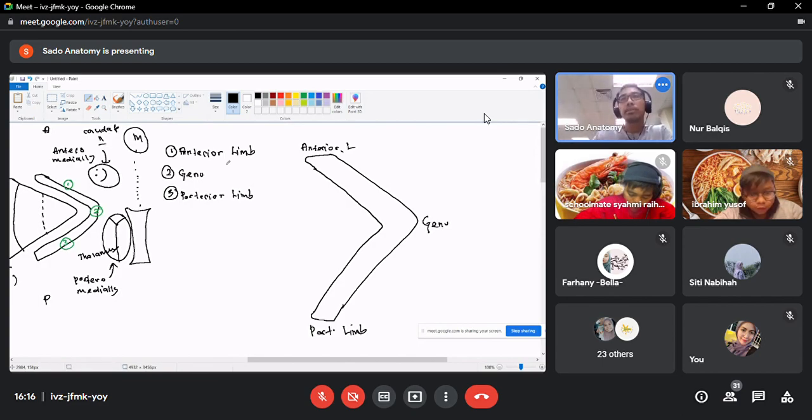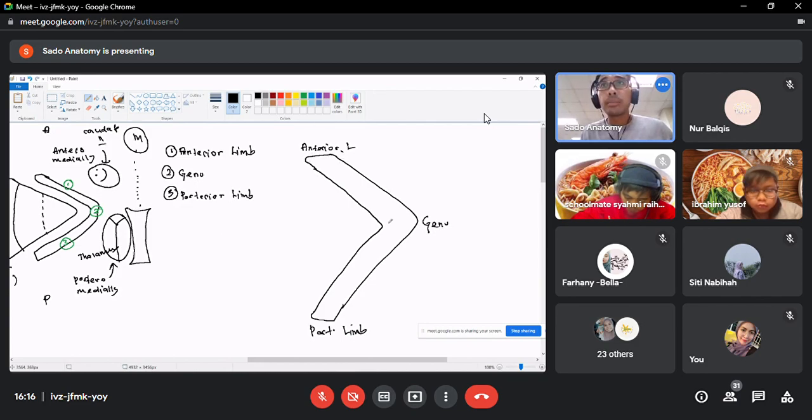You need to remember that the anterior limb of the internal capsule is mostly related to the frontal lobes.